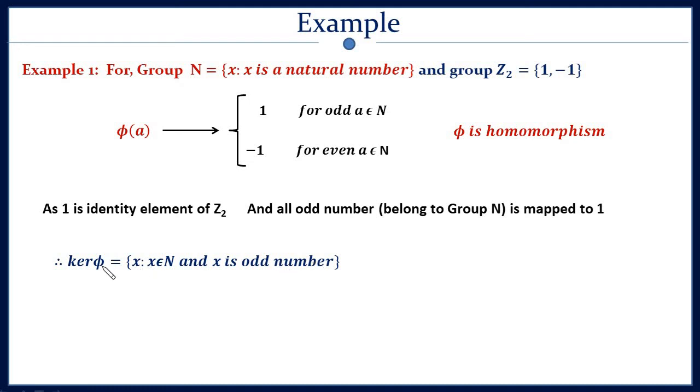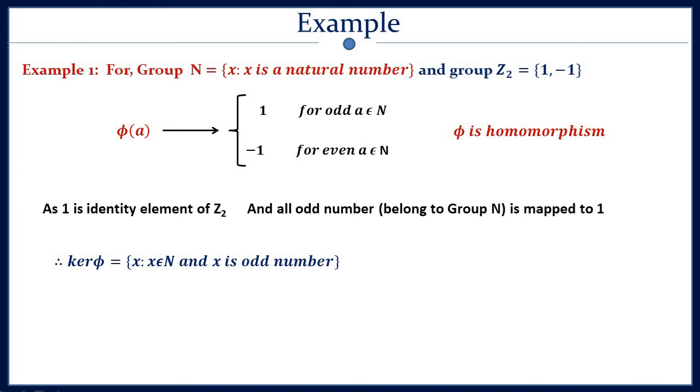That is, ker phi is nothing but a set containing all the odd numbers like 1, 3, 5, 7, 9, 11 and so on. And you can easily verify that under multiplication 1, 3, 5, 7, 9 and so on will satisfy the conditions for a group. And as this X belongs to N, therefore this ker phi is a subgroup of group N. And you can also verify that the left coset and right coset are the same for this ker phi set.